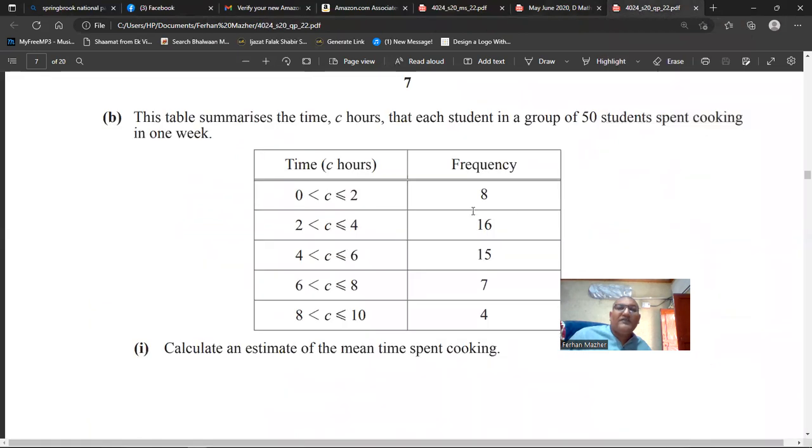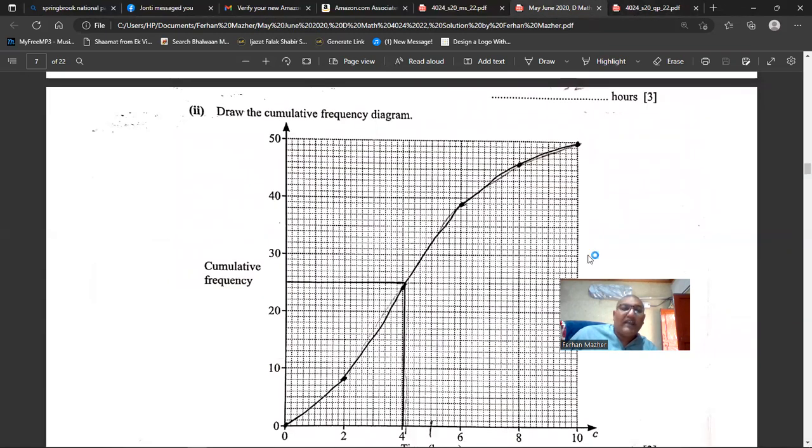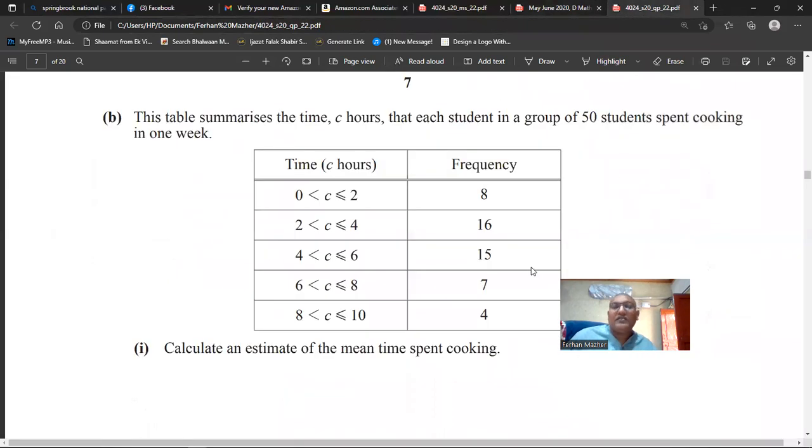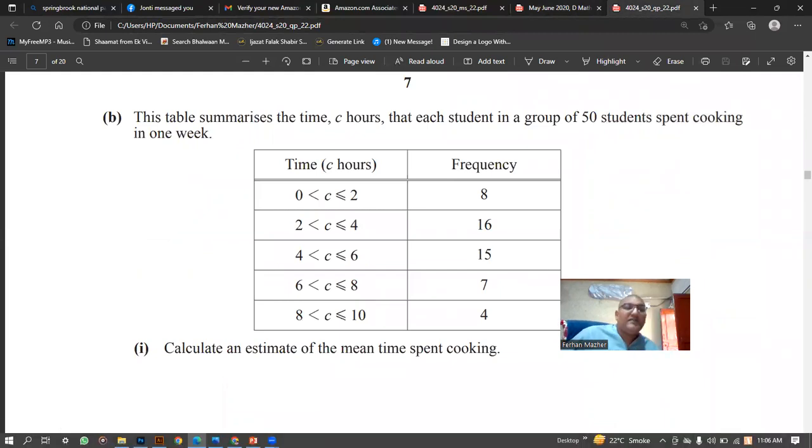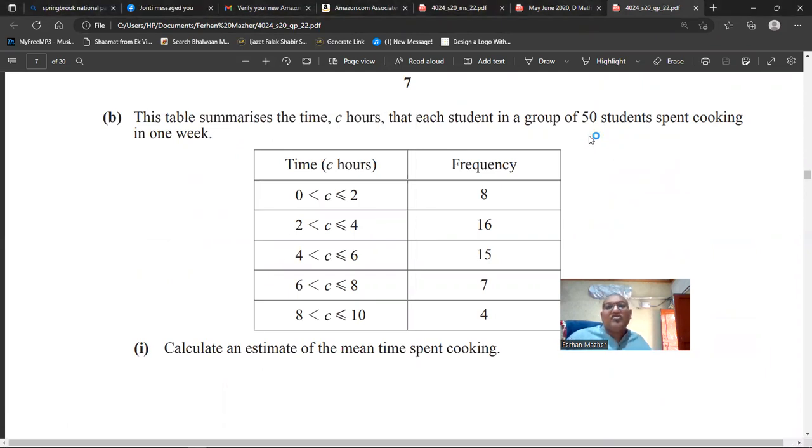So for example, at 2 I will put 8. Then 8 plus 16, that will be 24.